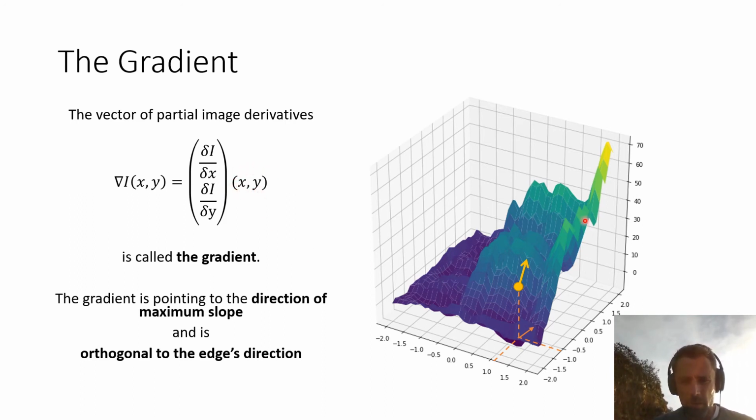So you can think of this as your image brightness landscape again, and we'll look at x and y and compute the gradient in both directions, and the steeper this change is, the larger those quantities, obviously. And so nicely you can think of the gradient as a vector that points into the direction where this landscape has its maximum slope.